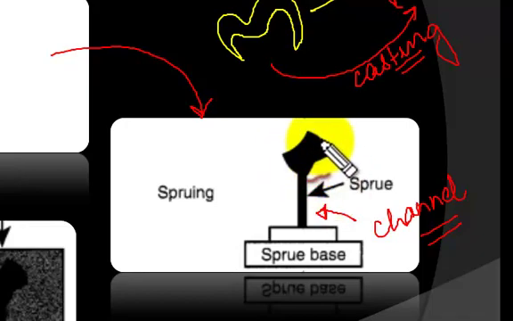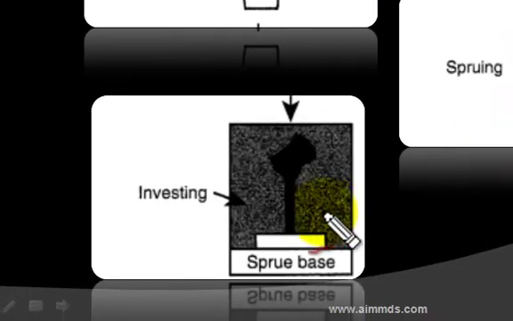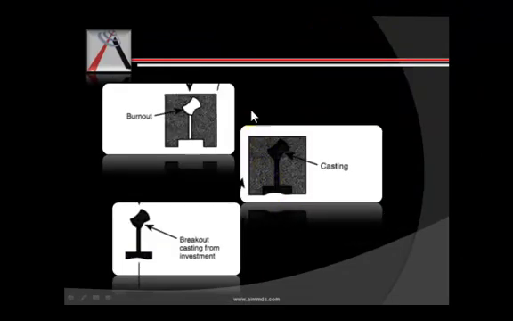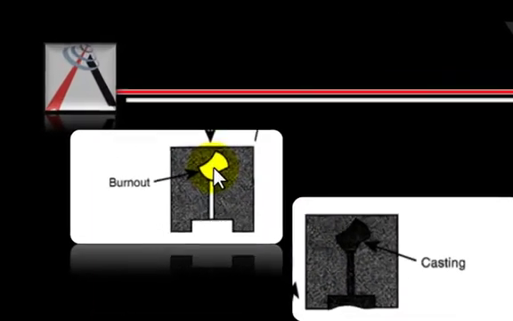Once we attach our wax pattern to the sprue, the next step is investing. In investing, we use a material that we pour around the wax pattern, and this material needs to have some typical properties which we'll be discussing later. Once investing is done, in the next step a burnout process is carried out.